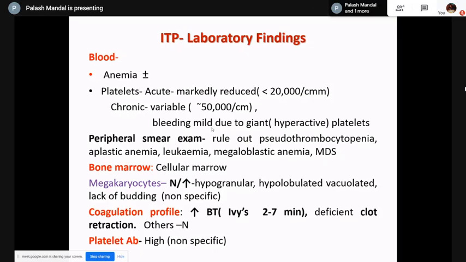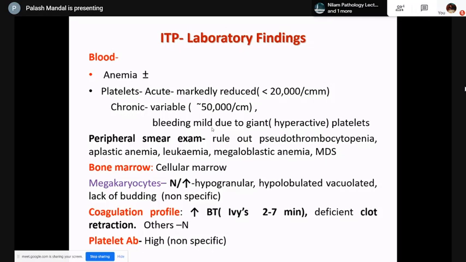There can be megaloblastic anemia also, due to vitamin B12 and folic acid deficiency. That also leads to thrombocytopenia. And there can be a pre-leukemic condition known as myelodysplastic syndrome, which can also lead to thrombocytopenia.